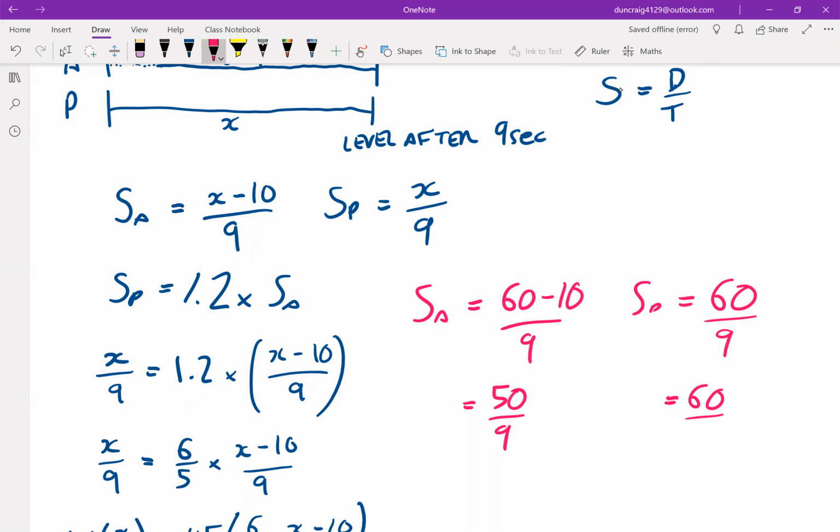Let's get the old calci out. 60 over 9, I'll round it to 1 decimal place, is 6.7 meters a second, and 50 over 9 is 5.6 meters per second.